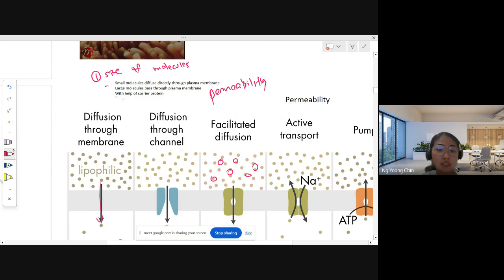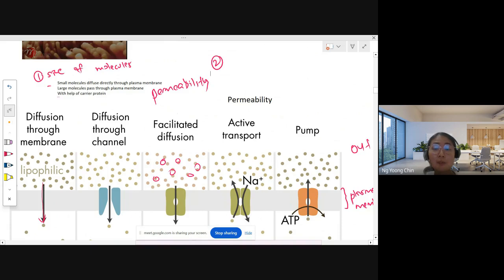Then another is this second factor. The second factor will be the solubility of the molecule itself. Solubility means either it is water soluble or lipid soluble.